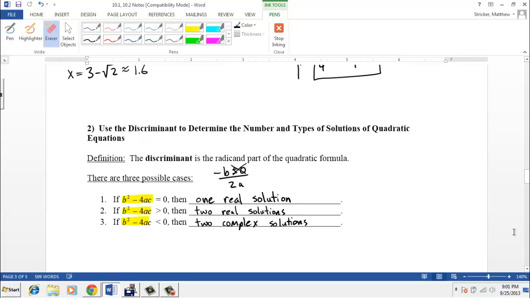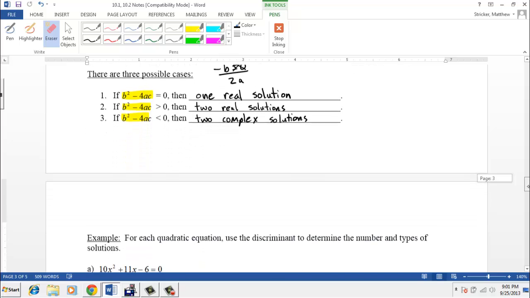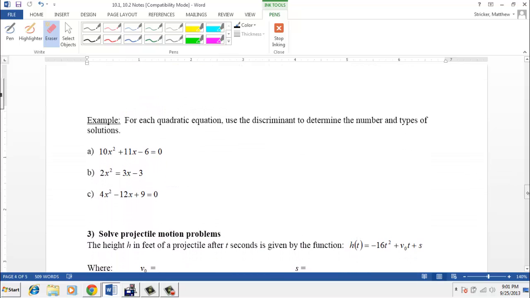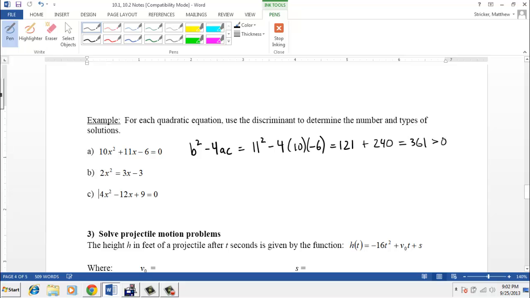And so let's see how the discriminant plays out, and how it's helpful. If we take a look at this first one, the discriminant, b squared minus 4ac, is equal to 11 squared minus 4 times 10 times a negative 6, which is 121 plus 240, which is 361, which is greater than 0.